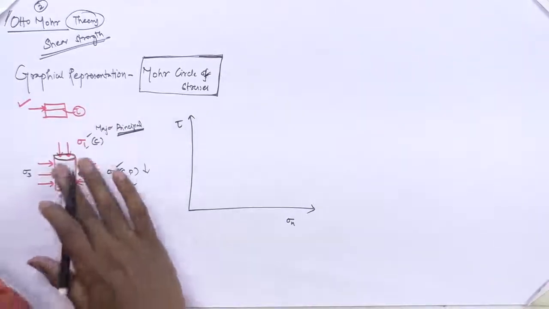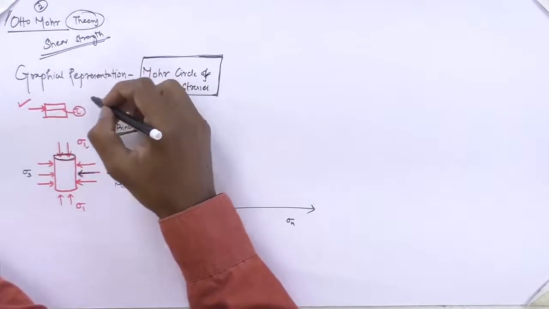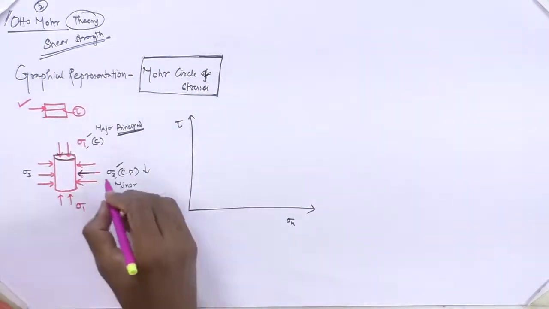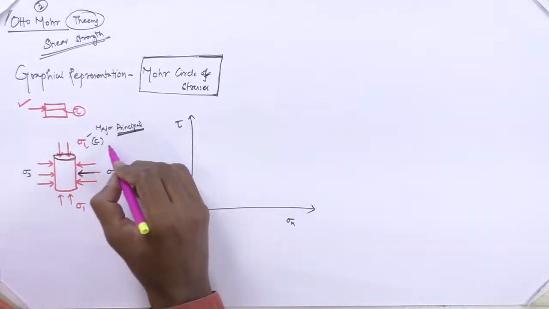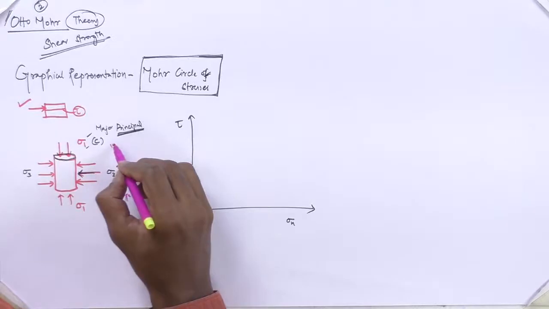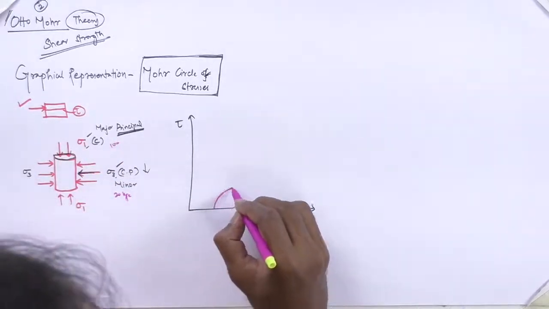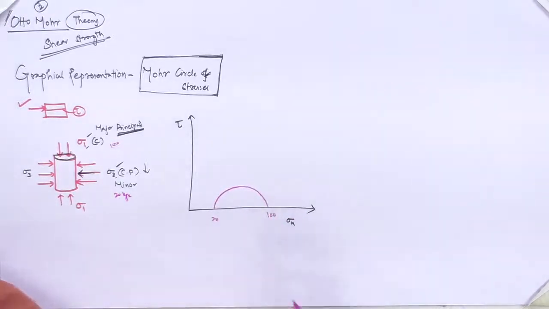So coming to the point, he is explaining with the help of this graphical representation. He is going to draw a circle. Let us say sigma 3 value is 20 kPa and this value is 100 kPa. We can draw a circle at 20 and 100.